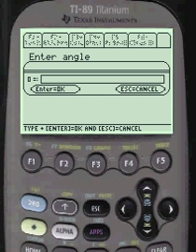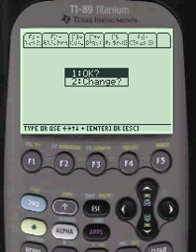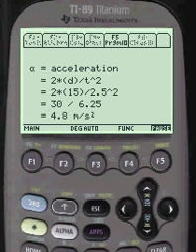Alpha, 36.9. I have to go slow so the simulator keeps up with me. I always show you what you've entered. Here's 36.9 for theta, 15 meters for the distance, and t equals 2.5 for the seconds. If it's okay, we can change it if we want.